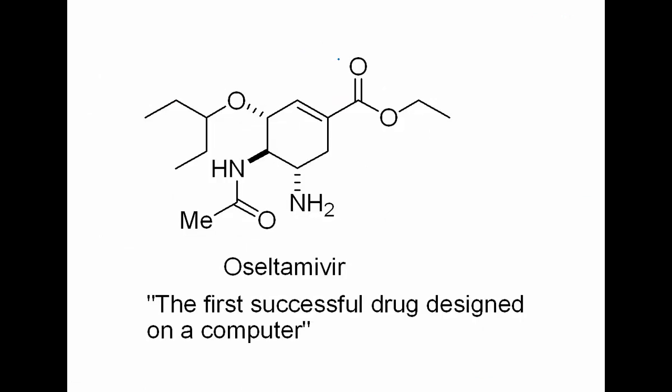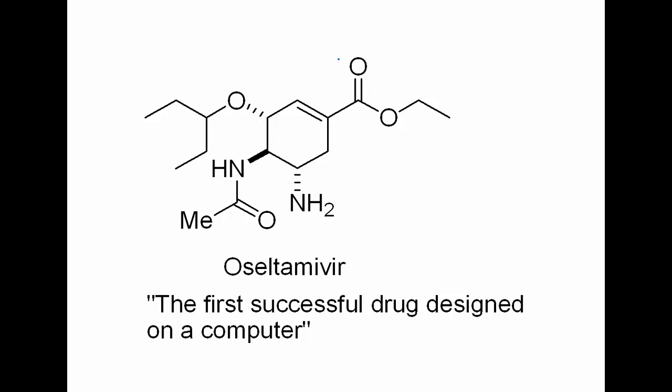Okay, knowing molecular shape is very important to drug design. This is oseltamivir, or the common general purpose anti-flu medication known as Tamiflu. And this has the distinction of being the first successful drug designed on a computer.